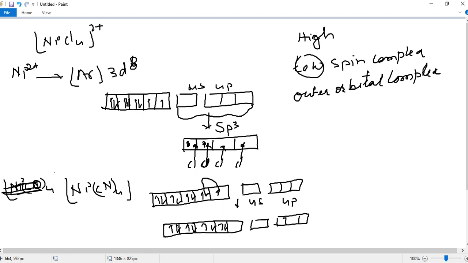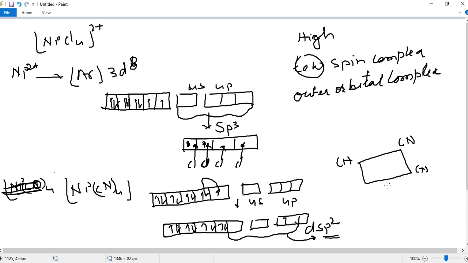So here dsp2 hybridization is there, and due to dsp2 hybridization the geometry will be square planar. CN, CN, CN and CN.